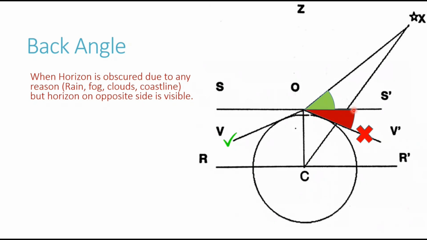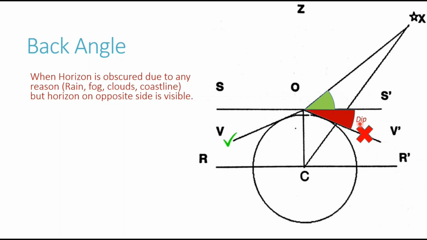This particular maroon color angle is the angle between the sensible horizon, represented by SS dash, and the visible horizon, represented by OV dash. This is known as the dip angle. The full name of the dip is dip of the sea horizon. Basically, it tells us how much the visible horizon is dipping below the sensible horizon. That's why we call it dip. So we would have applied the dip correction to the angle which we had earlier obtained.